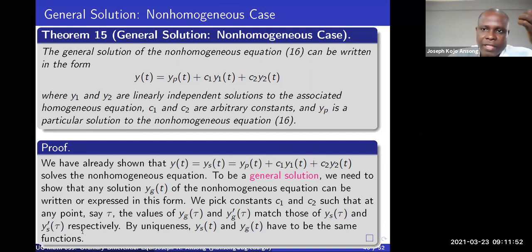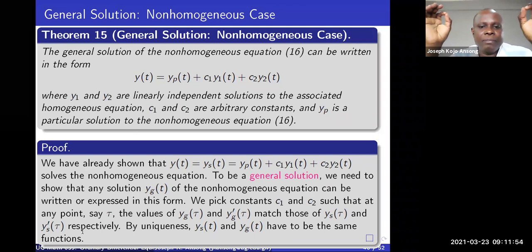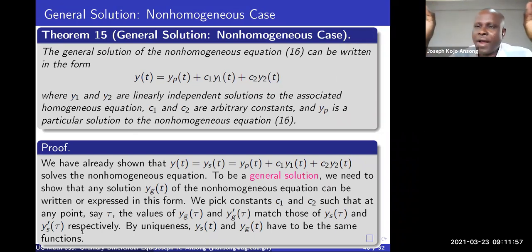And then by uniqueness, if YG and YS have the same value at tau and the same derivative at tau, they have to be the same function. So that is the argument for uniqueness. And therefore, YS and YG have to be the same function. Therefore, if I have any solution of the non-homogeneous equation, I can always express it in this form. And that shows that this form is a general solution to the non-homogeneous equation.